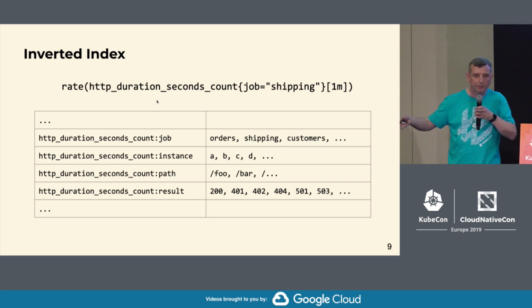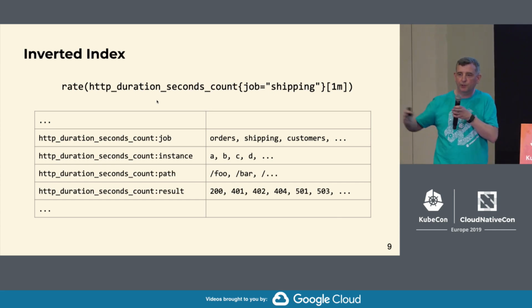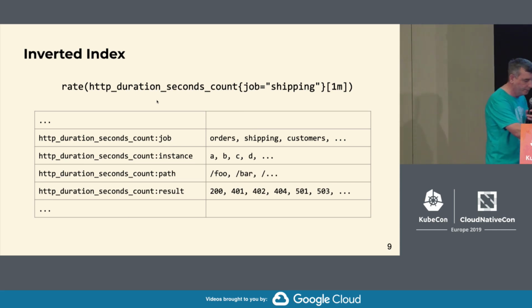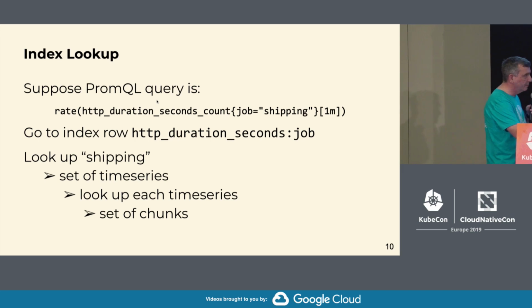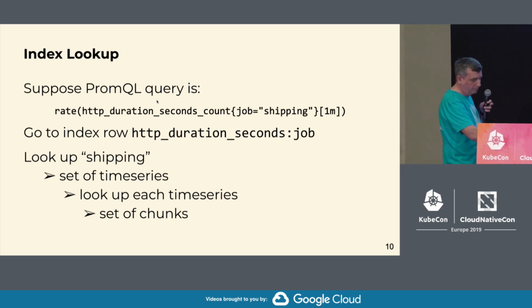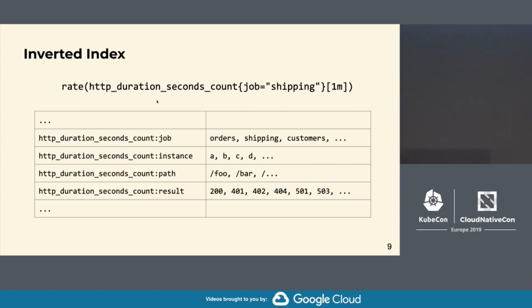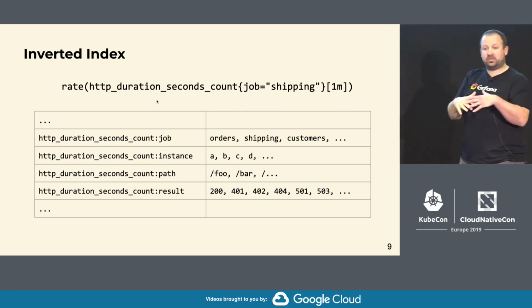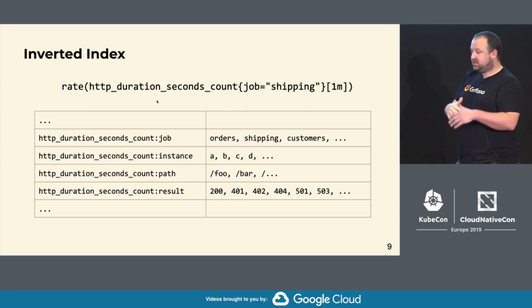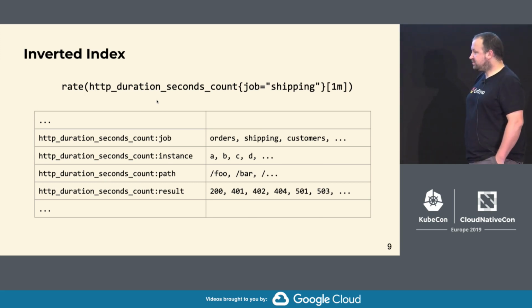Each chunk is typically like 6 hours of data crushed down to a couple of kilobytes. And that's what we read from the store. I think another thing to add there is, just for brevity, we've only had one matcher on this. You can have multiple sets of matchers, and then we'll do an intersection of the lookups in the index. Yeah, we handle queries of any complexity, which is certainly what my customers use.